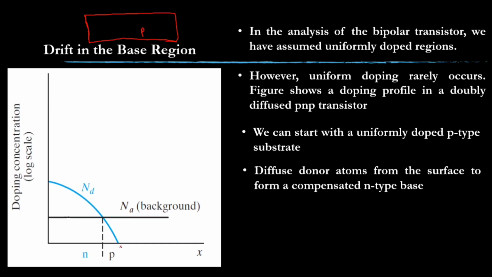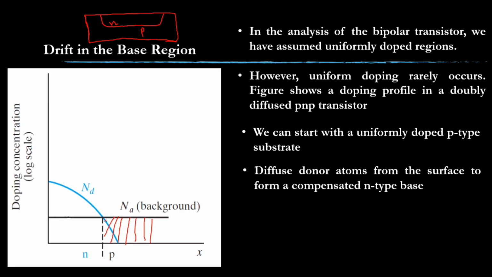We have a P region here, and our transistor is PNP. So we diffuse donor atoms on this semiconductor, and this is my N region.